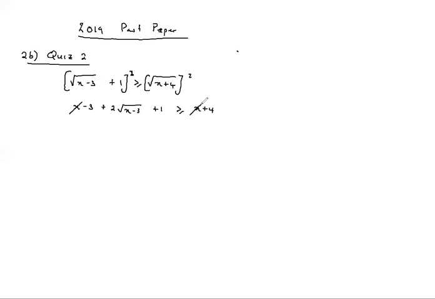We take 1 the other side, it becomes 4. So we have 2√(x minus 3) greater or equal to 3, that side becomes 7, then minus 1. So we have this greater or equal to 6, divide by 2. So we have this greater or equal to 3. Then we square, we have this greater or equal to 9, x greater or equal to 12.